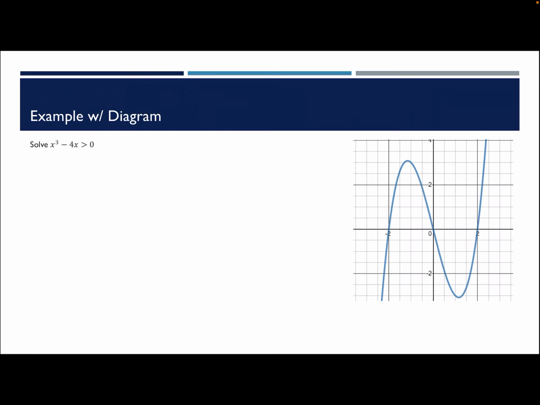So we're going to use the same example that we already worked: x cubed minus 4x is greater than 0. So we know our boundary points are -2, 0, and 2. So the inequality is already 0 on one side. We have to factor to find our boundary values. So x cubed minus 4x, the first thing you always do when you factor is take out a greatest common factor.